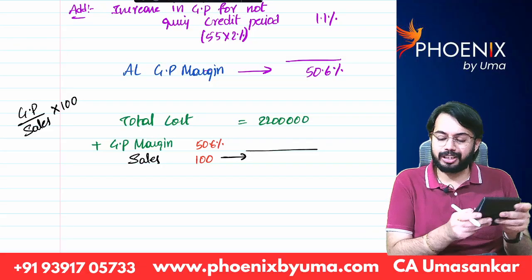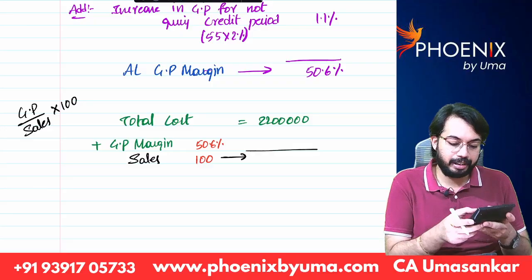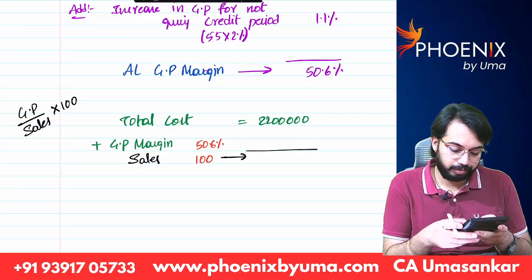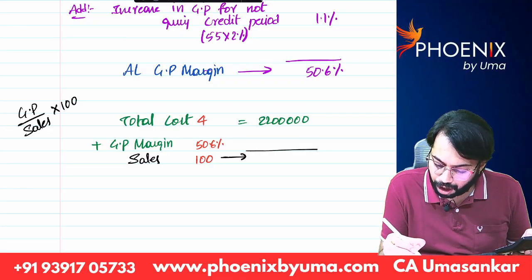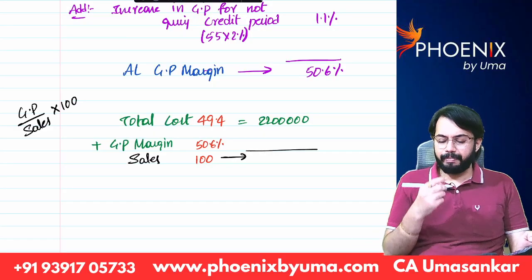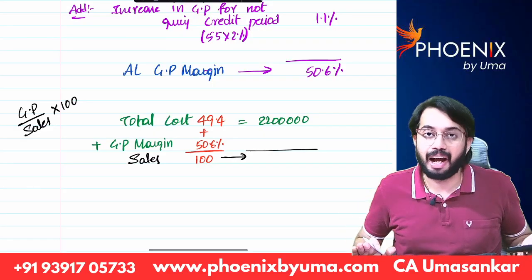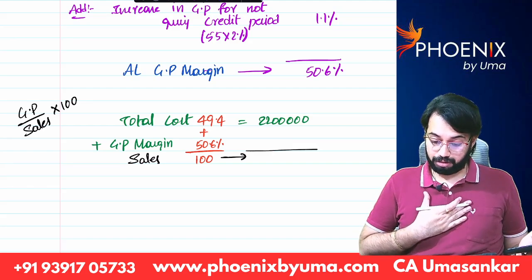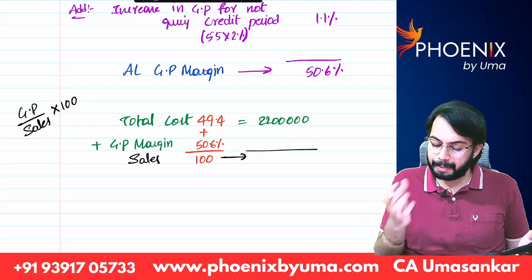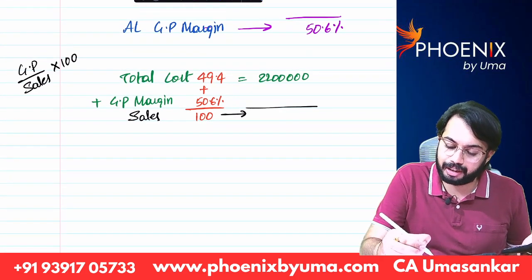How much is cost? 100 minus 50.6. Cost is 49.4, correct? So 49.4 plus 50.6, exactly it will be 100%. So shall we calculate GP margin doing cross calculation?